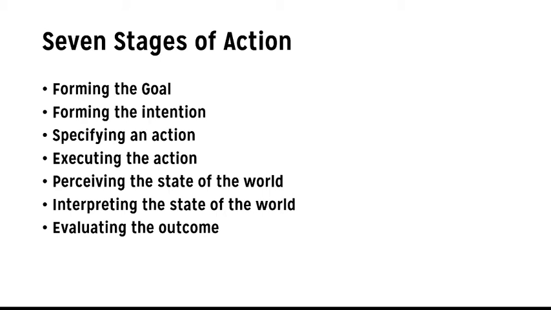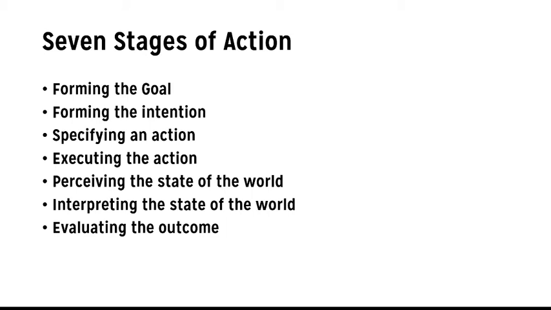All right, so we're coming up with a goal. This is our goal. This is what we want to accomplish. And then we are going to form the intention. So how are we going to accomplish our goal? Or rather, now that we have our goal, we want to accomplish our goal. We have an intention to act.